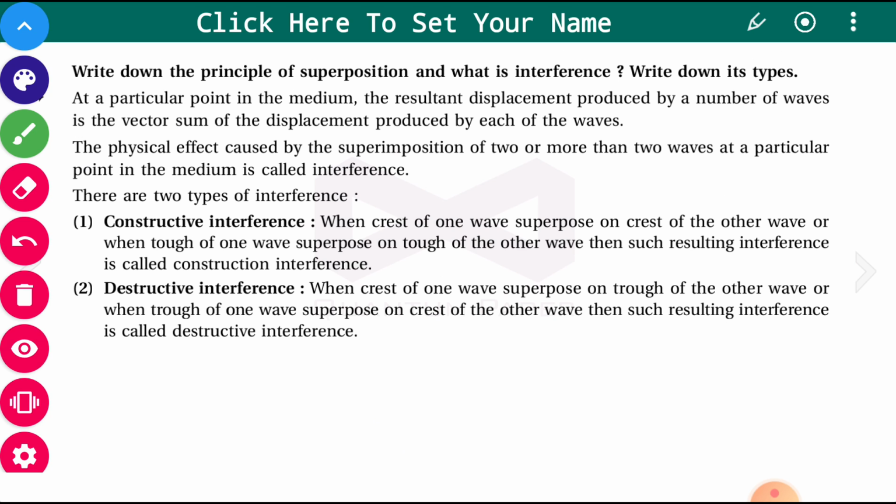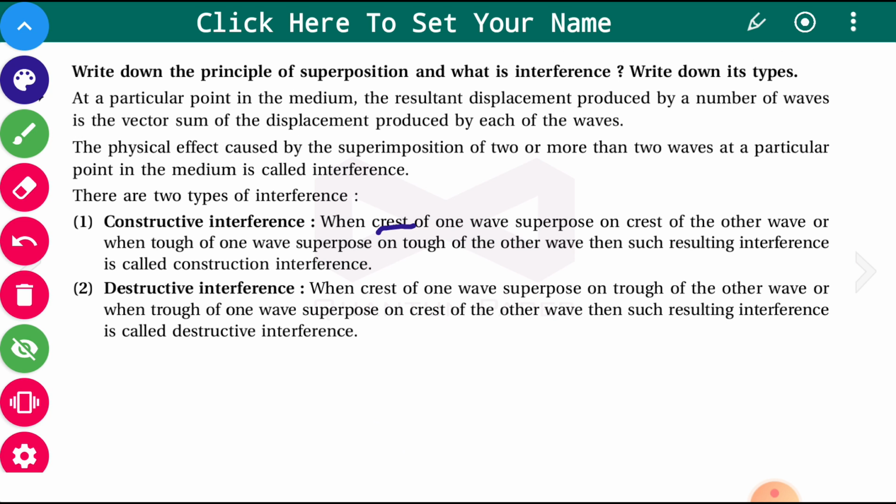First is constructive interference, when crest of one wave superposes on crest of the other wave. Then when trough of one wave superposes on trough of the other wave, such resultant interference is called the constructive interference.